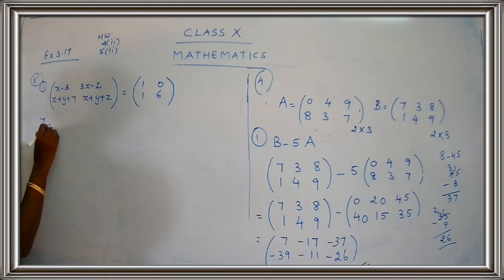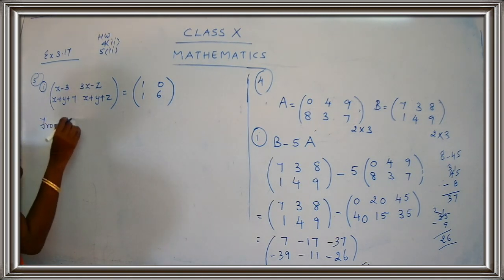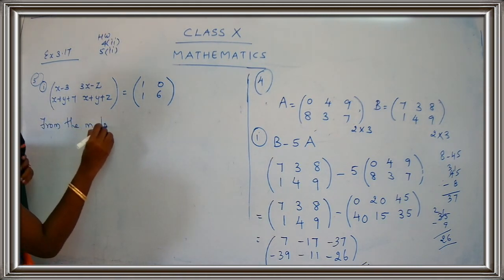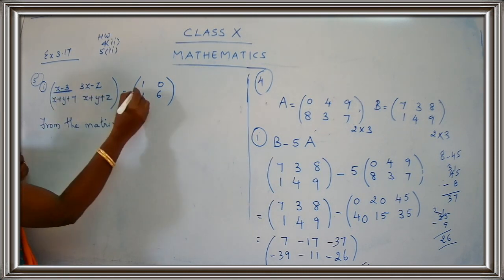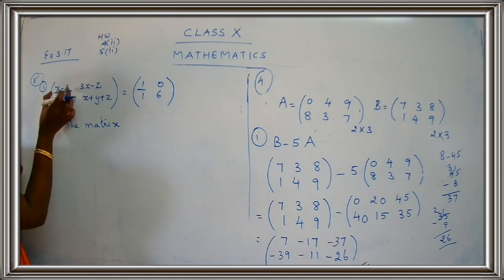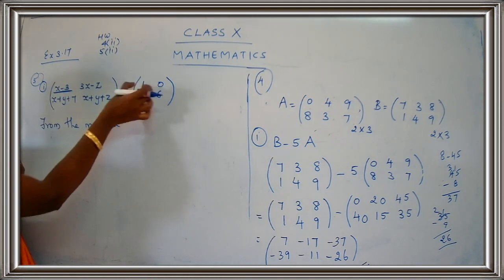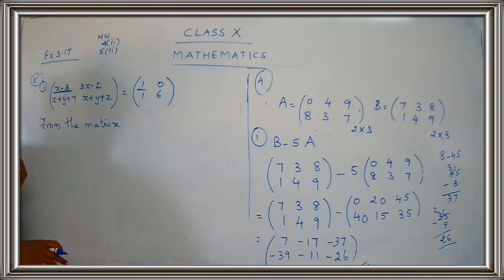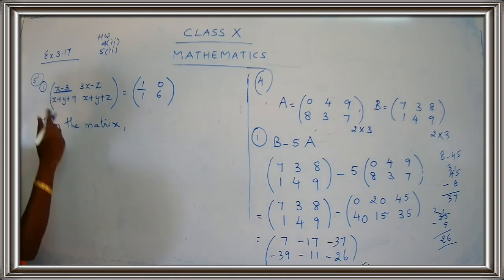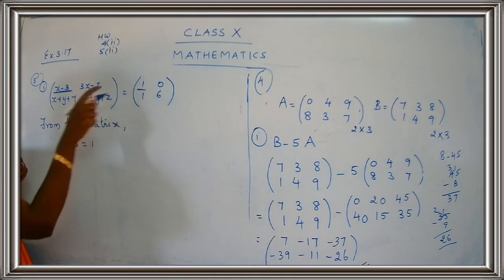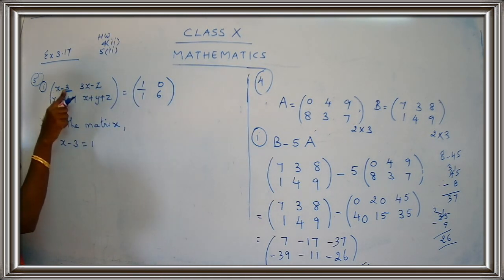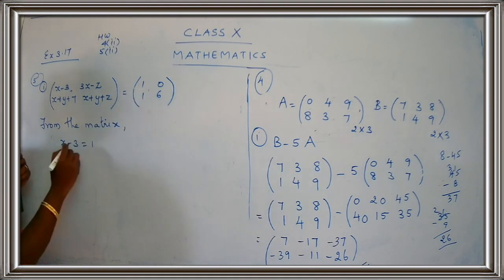I'll write down from the matrix: x minus 3 is equal to 1. That is their equal matrix. So you have to take the first element equal to the first element. The corresponding elements are equal. So from the matrix x minus 3 is equal to 1. I hope you are clear, children. So solve it.